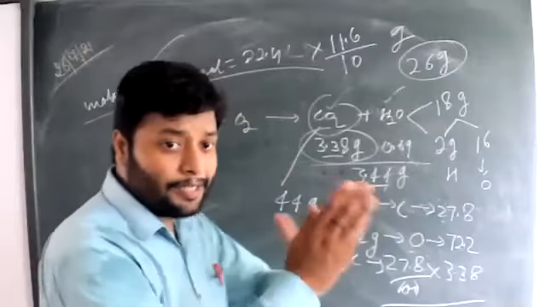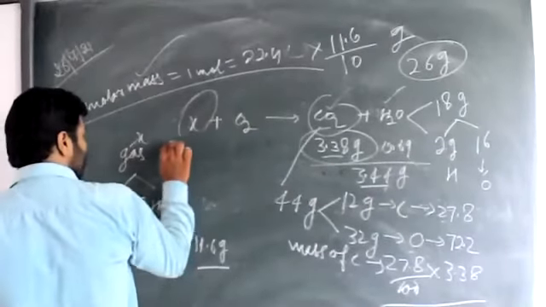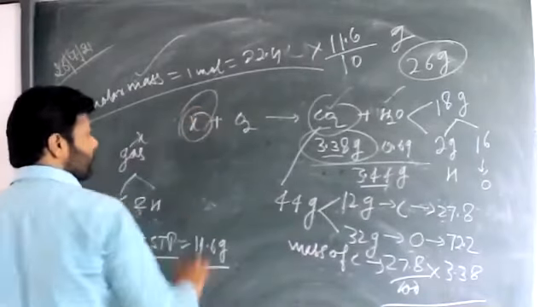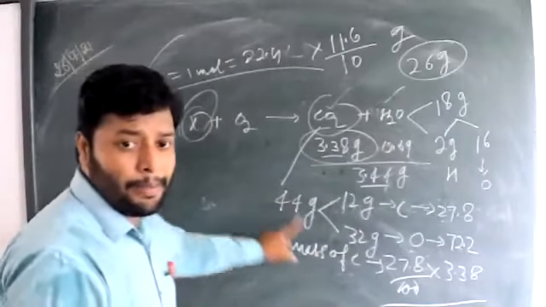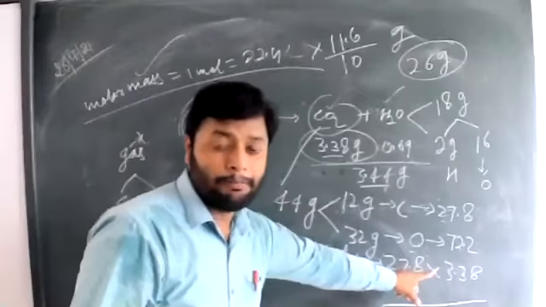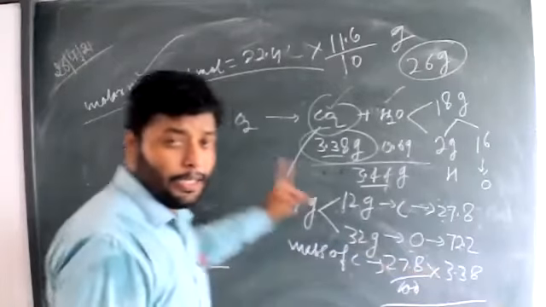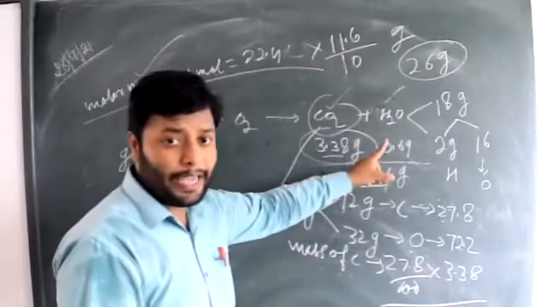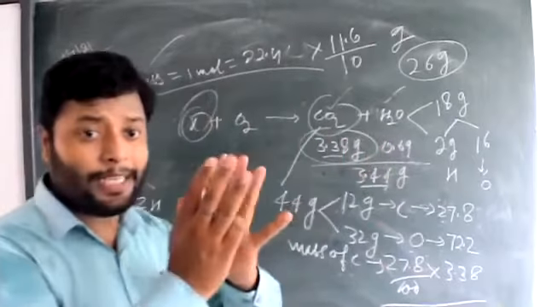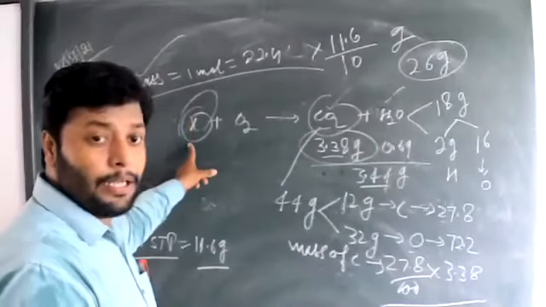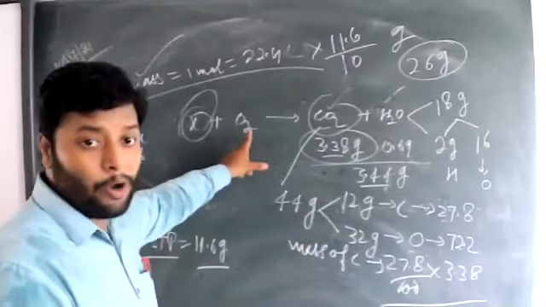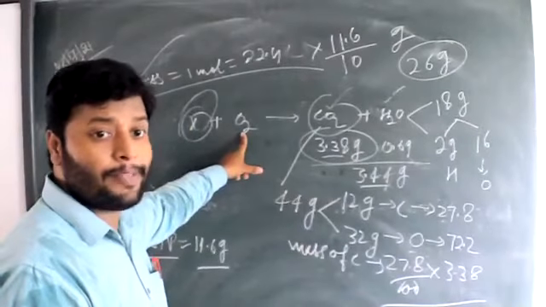This will be the mass of X. Mass of X will be the mass of carbon and mass of hydrogen calculated here together, and the remainder will be the mass of oxygen according to the conservation law.